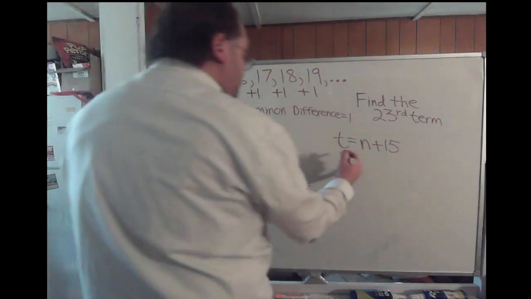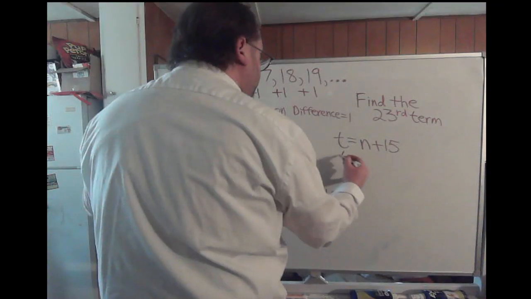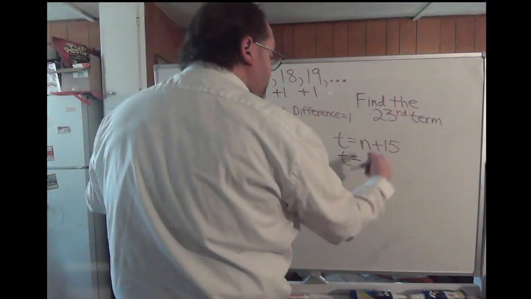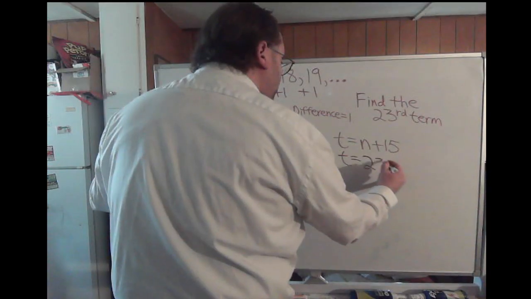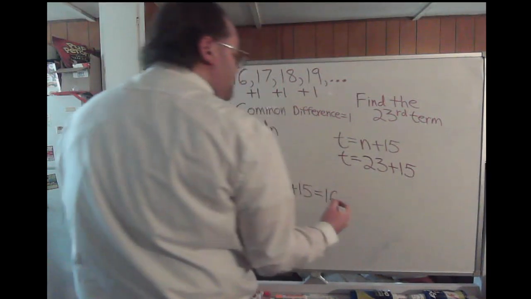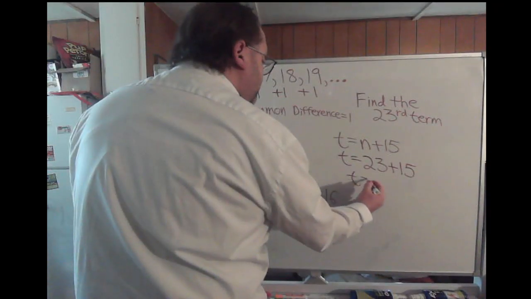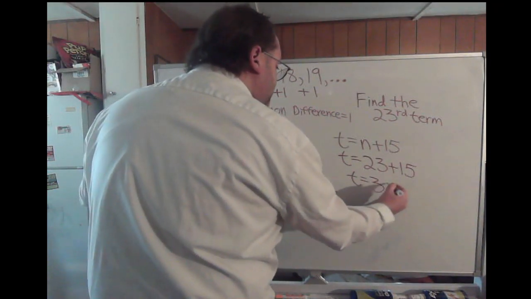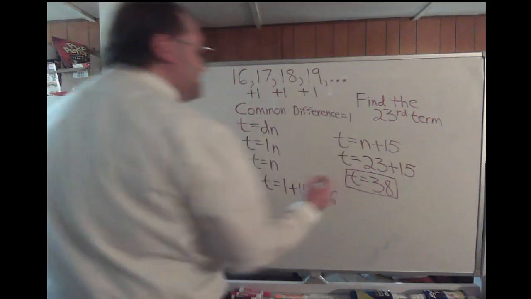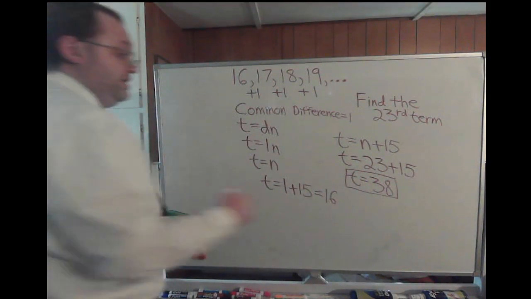So they want to know the 23rd term. While t would be the term itself, for n, the 23rd term, you would put in 23, then just plus 15. Well, the term is equal to 23 plus 15, which is 38. So the 23rd term of this arithmetic sequence is going to be 38.